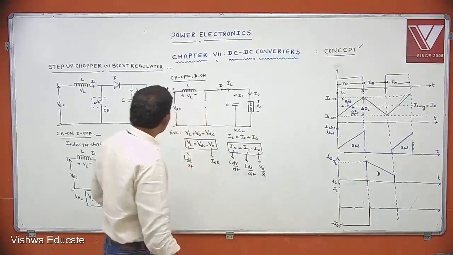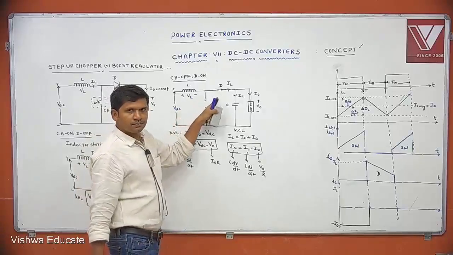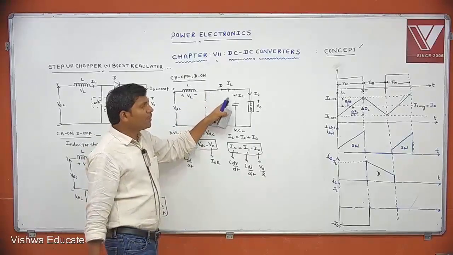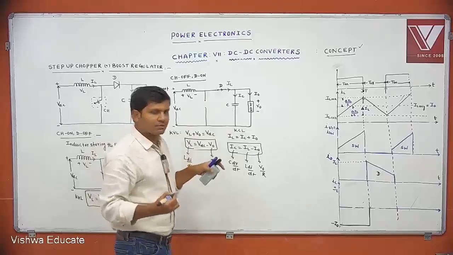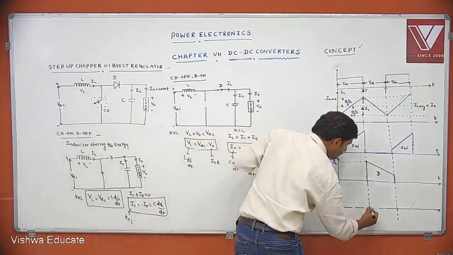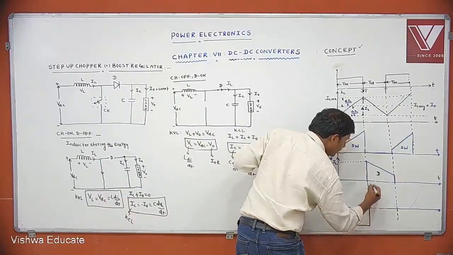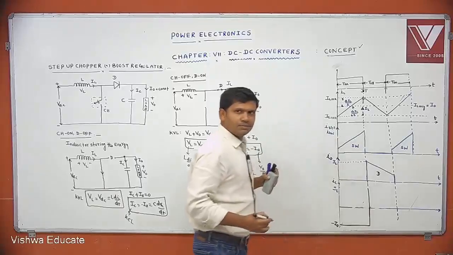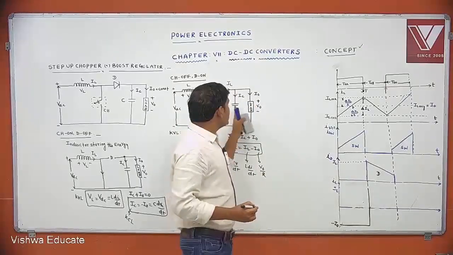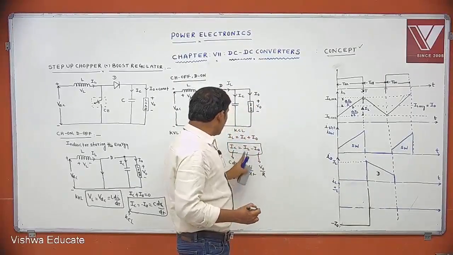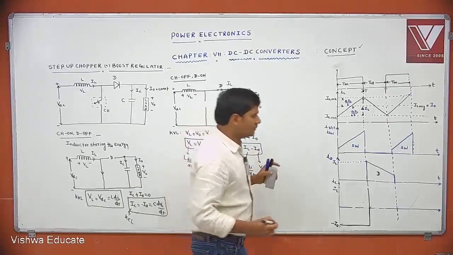Now, if the switch is off state, now the capacitor is charging. But what is IC? It is not I naught. IC equal to IL minus I naught.